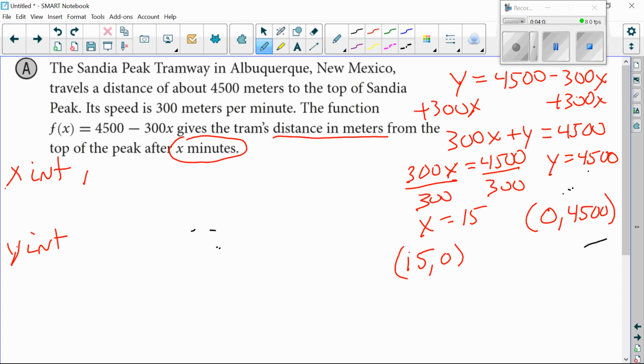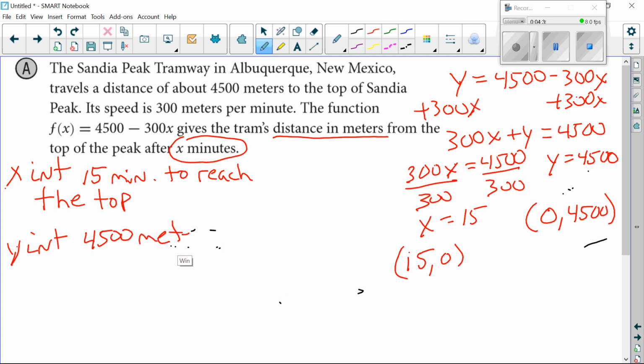I'm sorry, the x-intercept. And the y-intercept means, well, at 0 minutes is 4,500. So that's where you begin. So that's going to be 4,500 meters at the start.